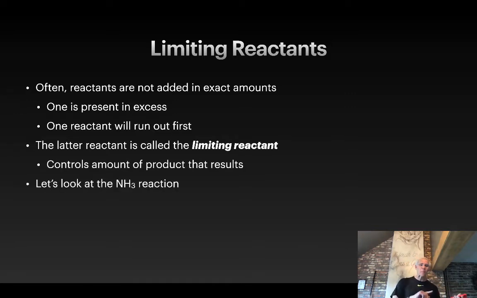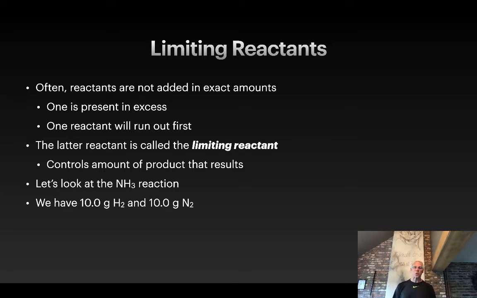So there we go. Let's go back to our NH3 reaction and take a look at how we might do this. So let's say that we have 10 grams of H2 and 10 grams of N2. Now we might say, oh, well, we have the exact same amount of H2 and N2 because we have the exact same mass. But remember that chemical reactions do not happen in terms of mass.